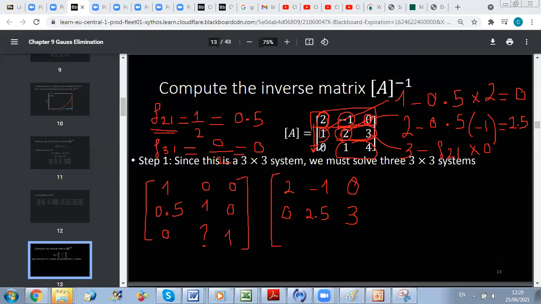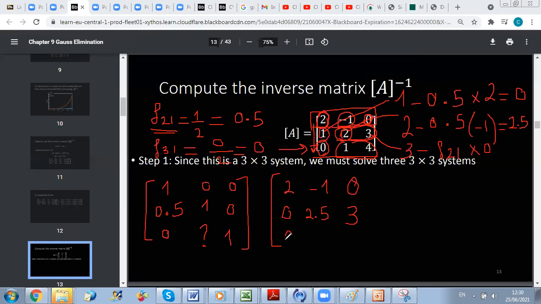Now you will move to the second step. You will do the forward elimination now for this term. What is nice here is that it is already 0. So when you already have 0, you can say directly that nothing will change here. And even if you apply the rule, F31 is 0. So you will get the same elements as they are.